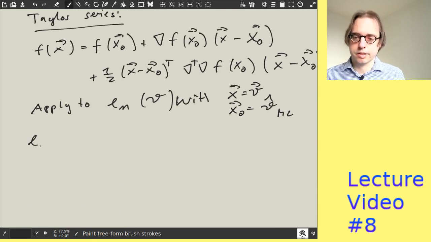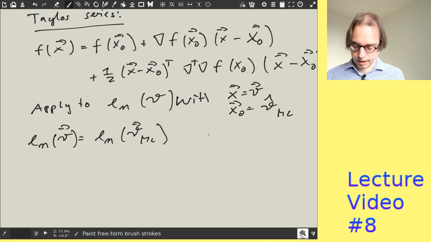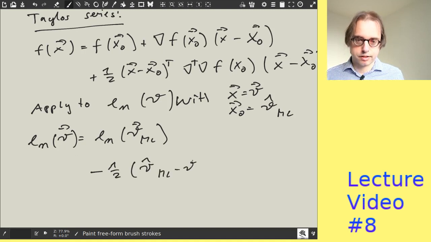Namely, it's quite simple. So we get the log likelihood of theta is the log likelihood at the maximum likelihood, and now minus, and I'll show you in a minute where the minus comes from, because here we have a plus, minus 1/2, and then theta hat ML minus theta.